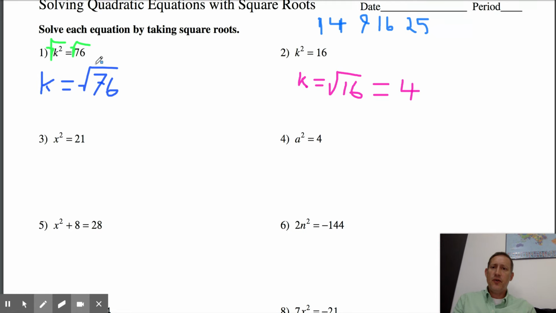All right, so k equals the square root of 76. Do you know a perfect square that is close to 76? You only have to recognize one of them. And I'm thinking of 81. I know that 81 is 9 squared.